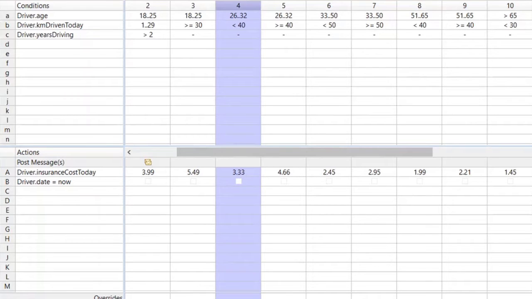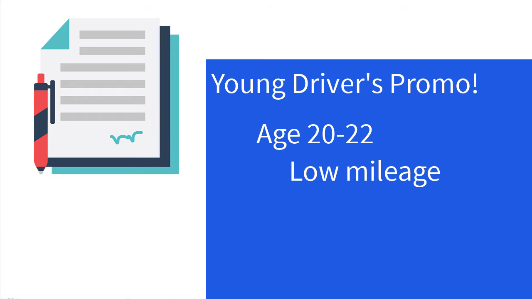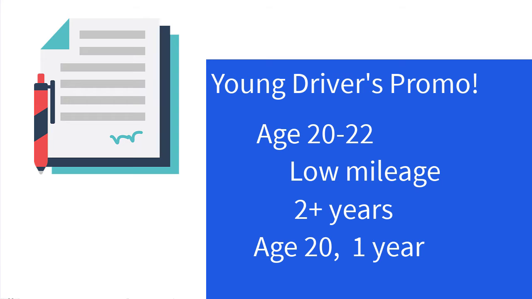This week, that person is tasked with offering a promotion for young drivers from 20 to 22 who do not drive much every day, but as long as they have at least 2 years of driving experience, we're going to give them a discount. For people who are just 20 years old, we want them to have at least 1 year of driving. So let's go ahead and add this rule.